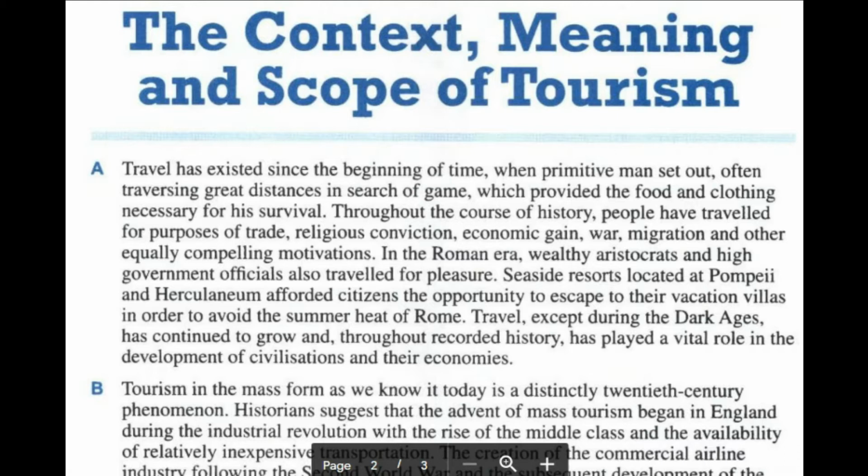So history. Let's continue to read. People have traveled for purposes of trade, religious conviction, economic gain, war, migration, and other equally compelling motivations. In the Roman era, again a reference for the time. So history. Let's move on and see what headings we have.